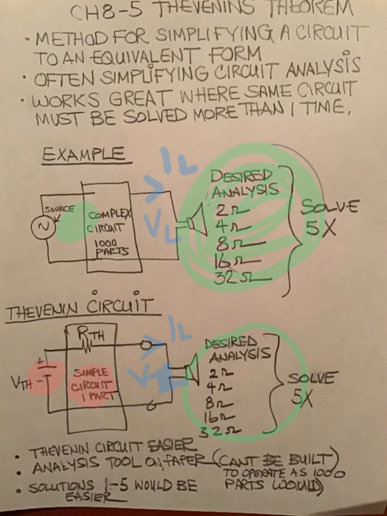So these 2 circuits that you're looking at, whether it's the complicated circuit or the Thevenin circuit, work identically according to the load that is receiving the current and the voltage. Now, what you can say is that once the Thevenin circuit is solved the hard way one time, the other 4 solutions are a cakewalk.